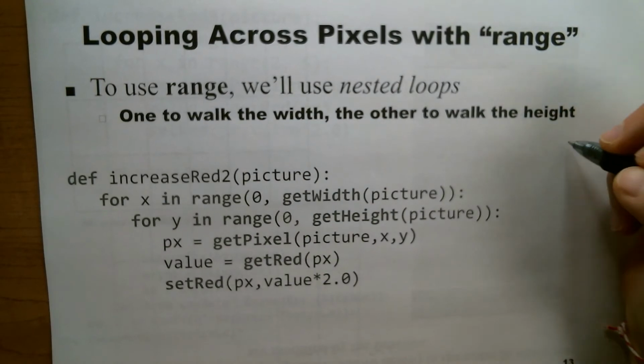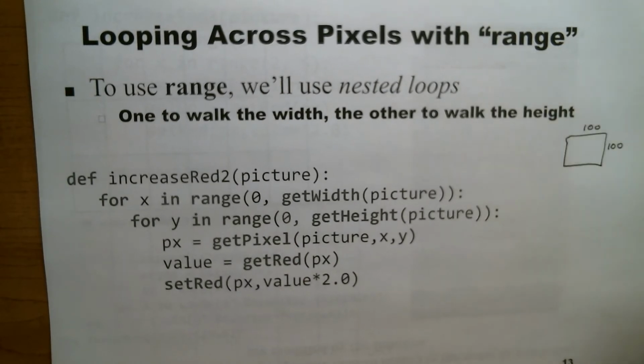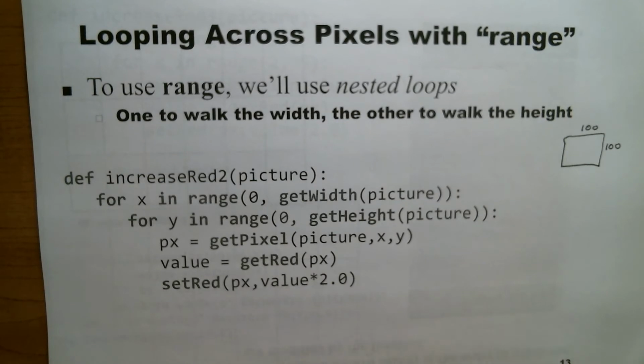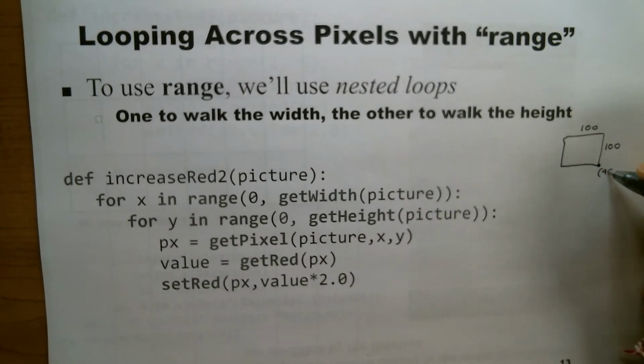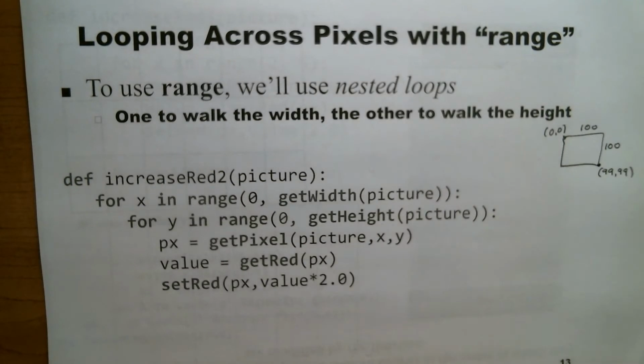So let's just pretend we had a 100 by 100 picture. Well, what we just talked about on the last slide is that if we have a 100 by 100 picture, the bottom right pixel is only going to be 99, 99. The top left pixel is going to be 0, 0.